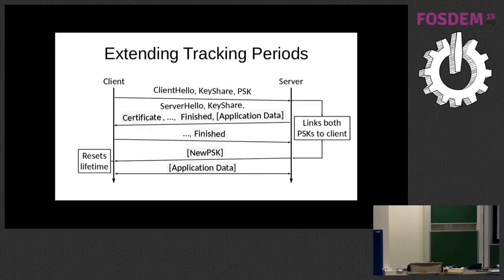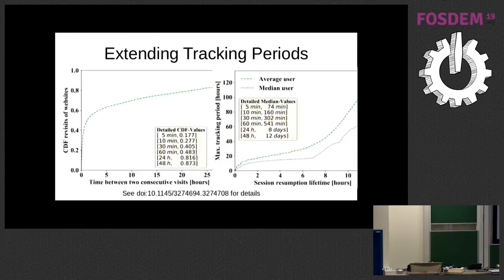And then when you connect to website B, to eBay, you also establish a connection to Google. Because you're reusing your session ticket, or in TLS 1.3, the key share, Google can link your two requests together. And again, your browser might extend the period in which this token is valid. This is a measurement of how long you can actually track users using this method.